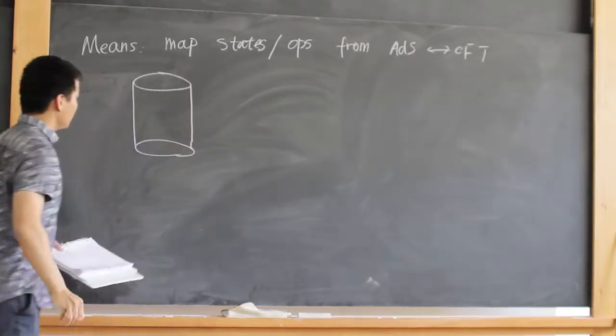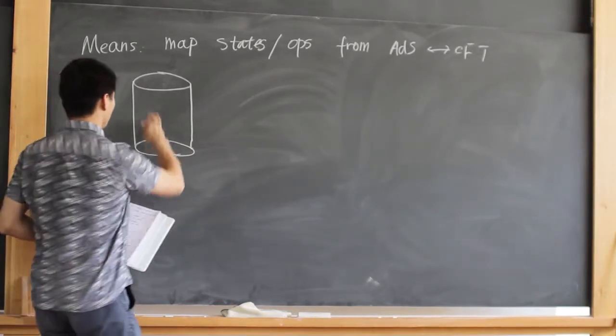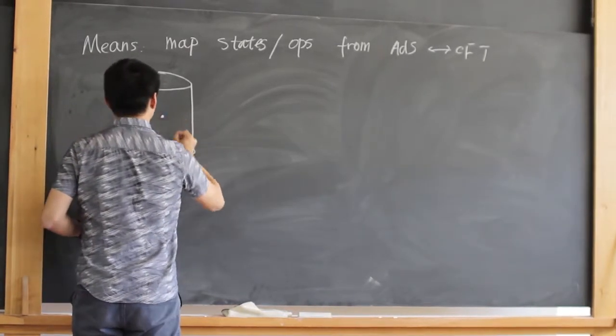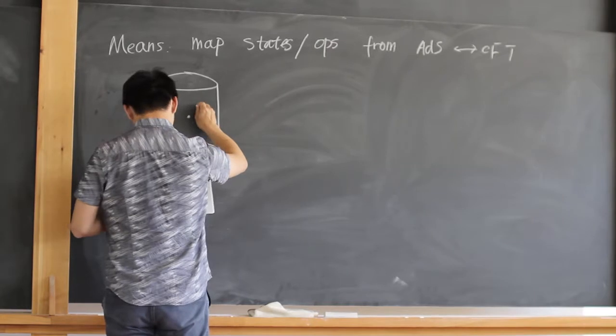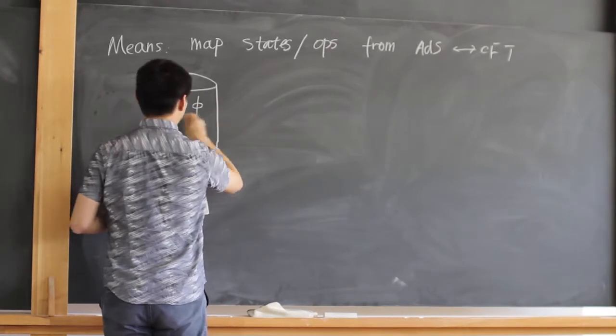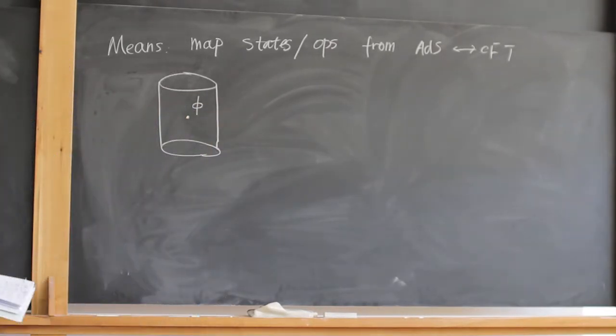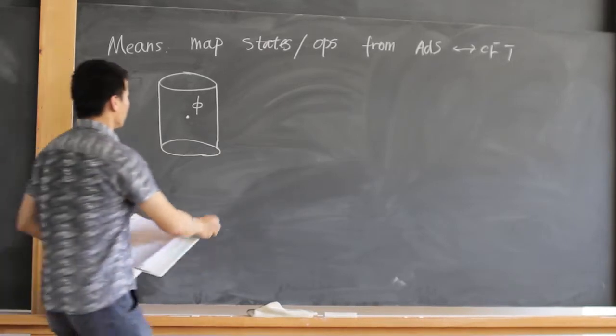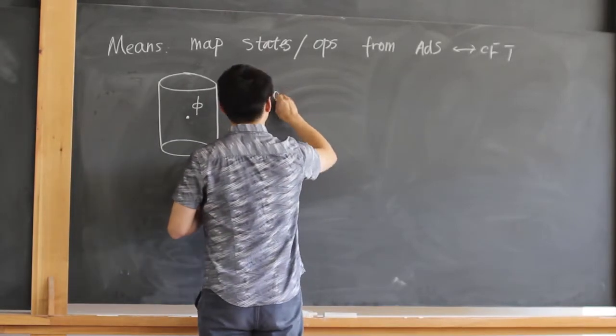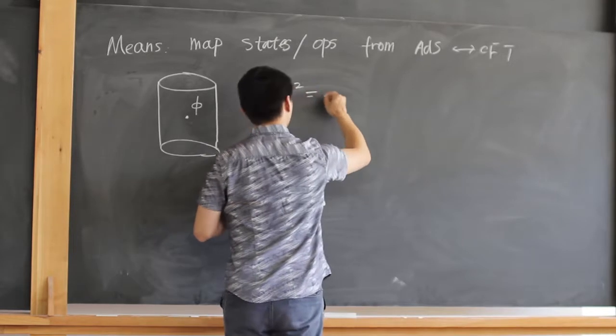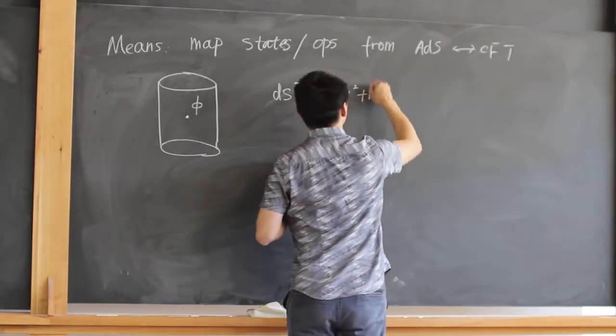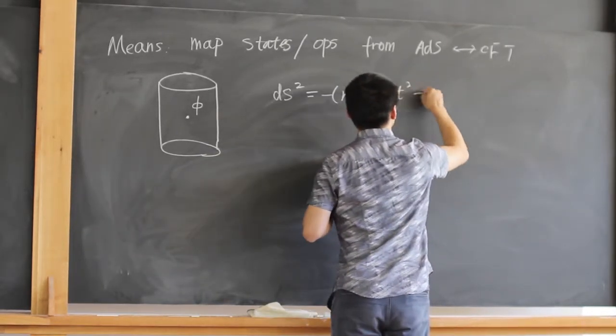So this is a picture of AdS. The inside is AdS. And we can have operators, phi, for example, at the center of AdS at some time. The metric of anti-de Sitter space can be written in some coordinates like this.